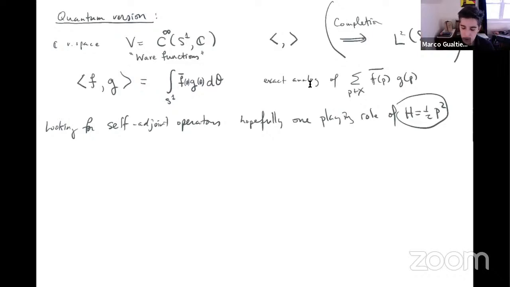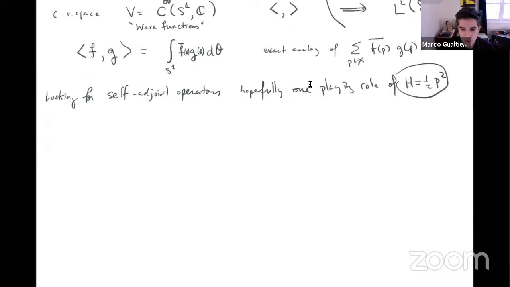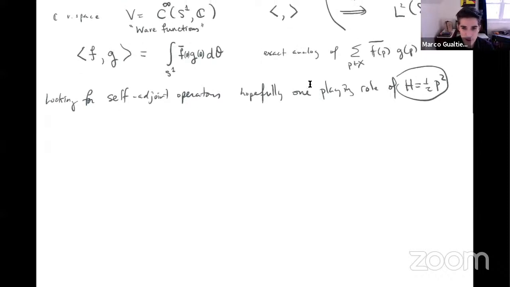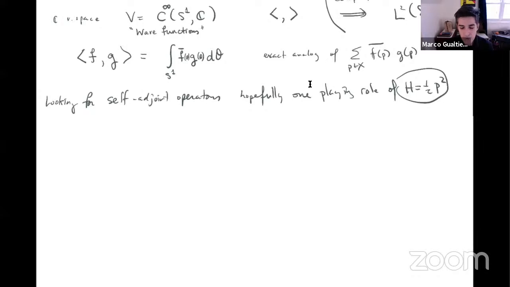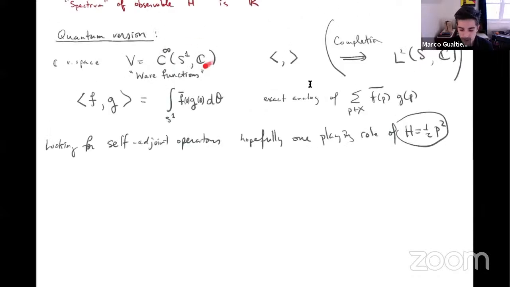Sorry about that. So we're hoping to find one that looks something like the energy and will play the same role as that. Okay, so I'm going to look for symmetries of this space.